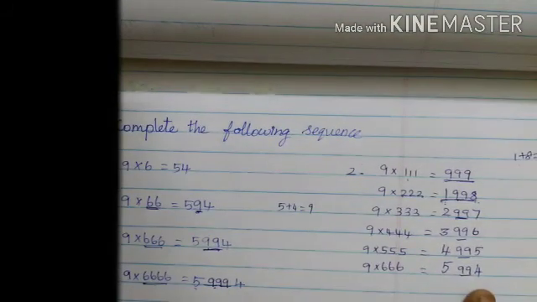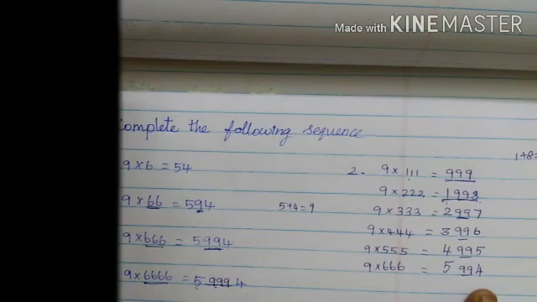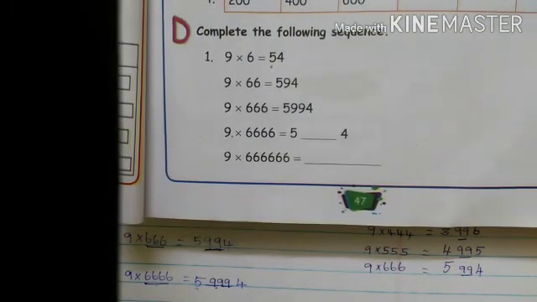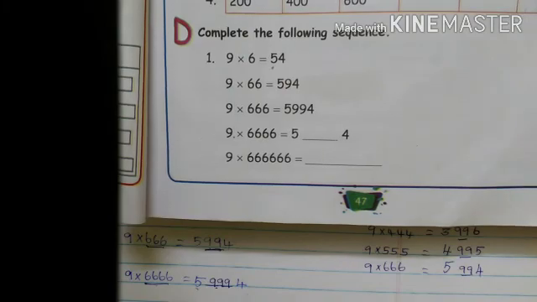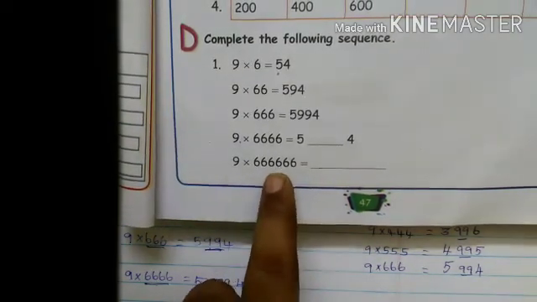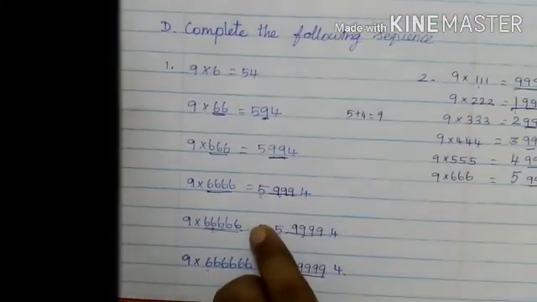Here 2 sums are given for your book exercise. This one is page number 47. Complete the following sequence given to you in your textbook. So that one sum only I give you in your notebook.